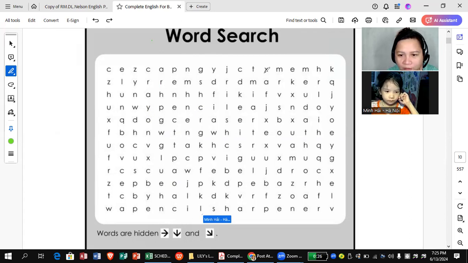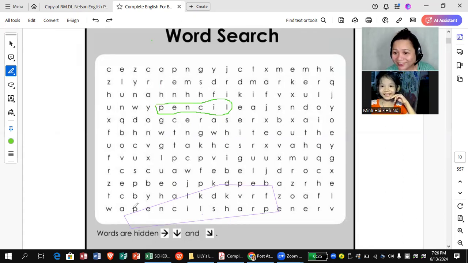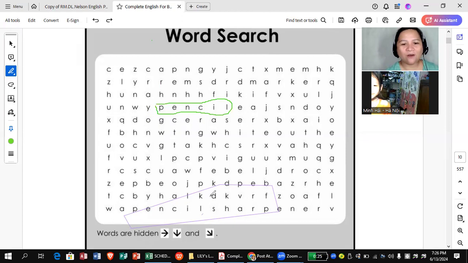Oh, I saw the pencil. Here. Pencil sharpener. Yes, there. Wow, very good. So who will be the winner? Is it me or you to find the word? You. Okay, I found the word pencil sharpener.